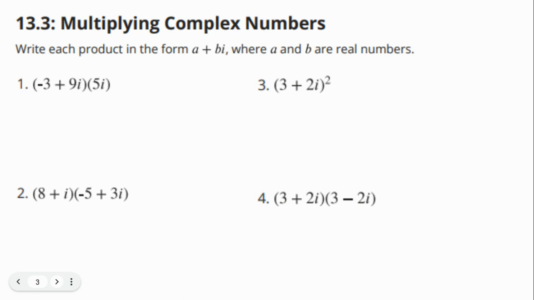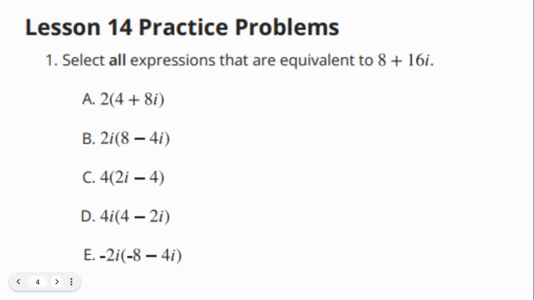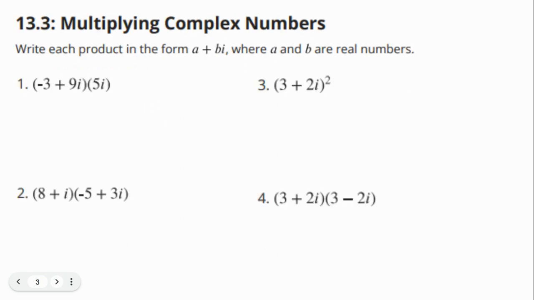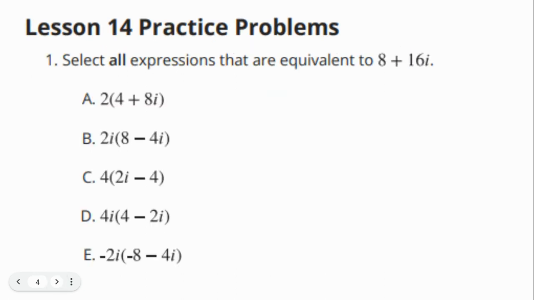Make sure that you're comfortable graphing complex numbers. That will be on the checkpoint. And when you get done with the graph part of 13, turn to lesson 14 practice. This will give you some good practice for the checkpoint.